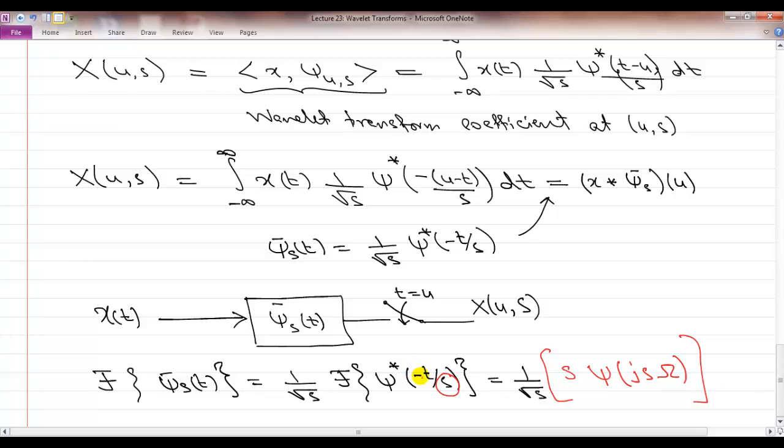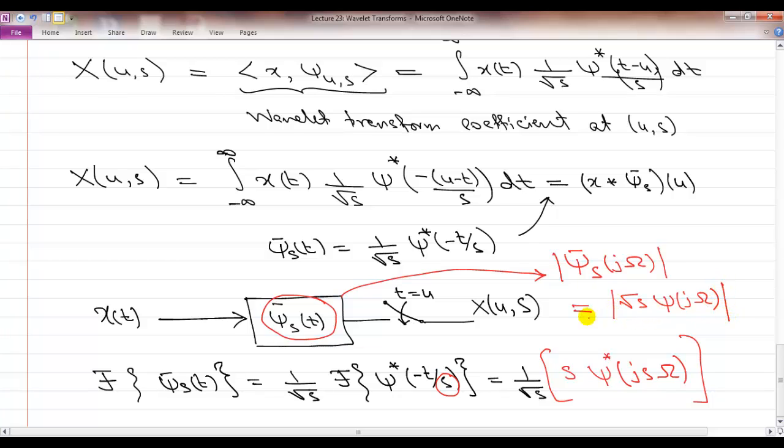And because of the conjugate and minus t, I get a conjugate operation here. In general, what is this saying? That the frequency response of this filter, if you look at the magnitude, the absolute value of psi bar of j omega, is exactly what we have talked about. That is simply square root of s times the absolute value of psi of j s omega.